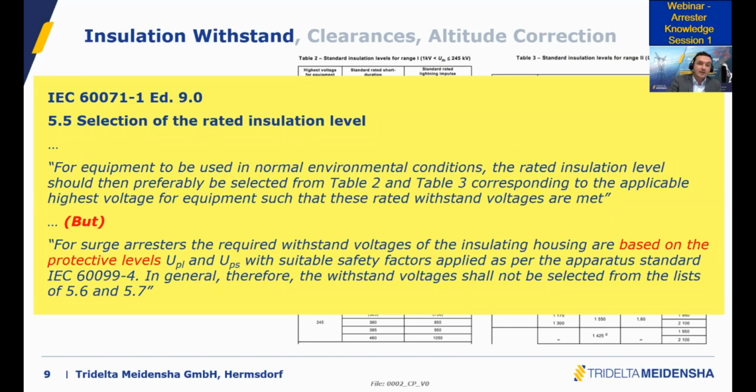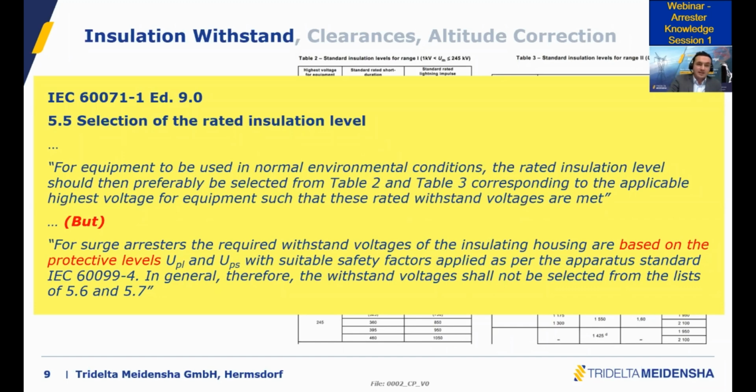But, and this but is important because it's not often considered, for surge arresters, the required withstand voltages of the insulating housing are based on the protection levels, which is the residual voltage, often called in the standards Upl for lightning and Ups for switching, with suitable safety factors applied on the equipment.